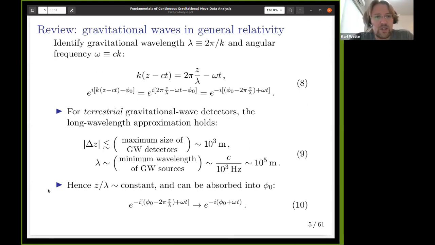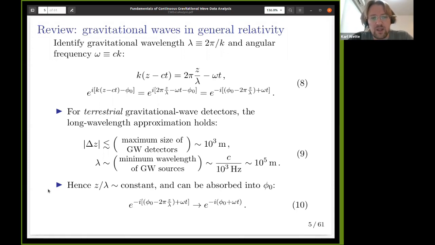We can identify a gravitational wavelength lambda and a frequency omega, as is conventionally done. And you can substitute those into the exponential oscillatory part of that solution, and you get the equations given in equation 8. You notice that this depends on time through omega t, and then there's a z over lambda term, so it depends on the spatial part of the wave.